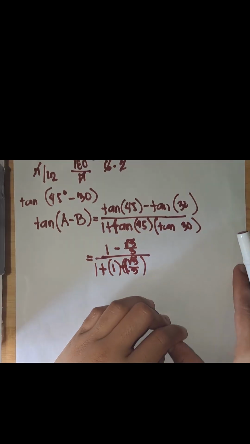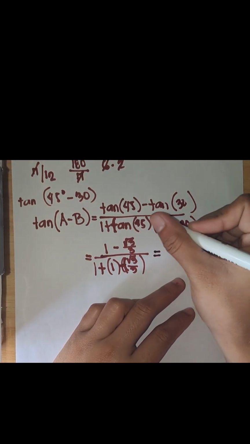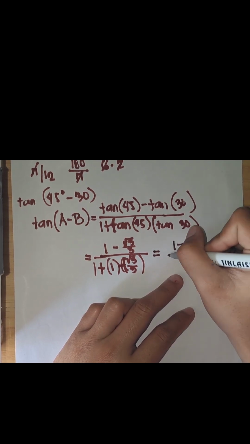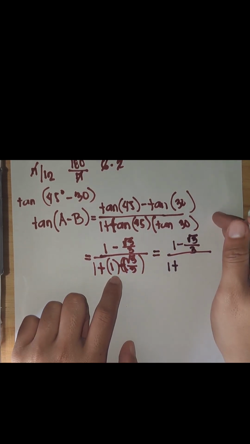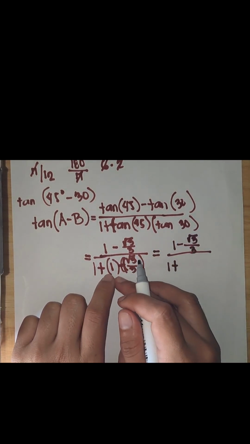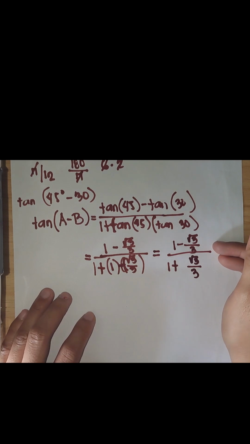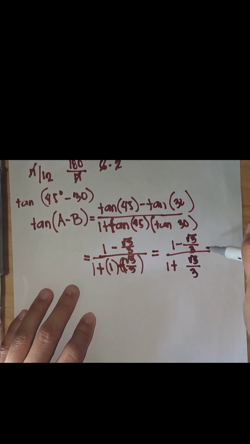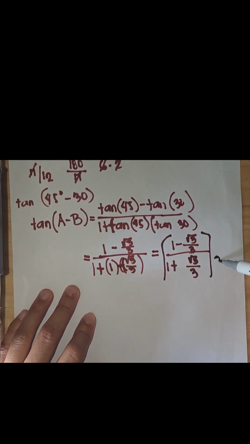Next is to multiply each term. Over 1 plus, we remove the 1 because 1 times root 3 over 3 is root 3 over 3. The next step is to multiply everything by 3.